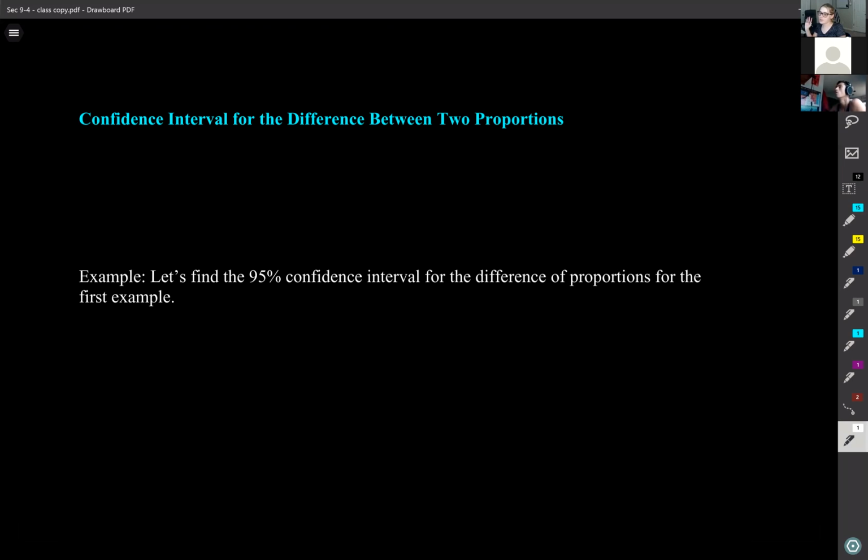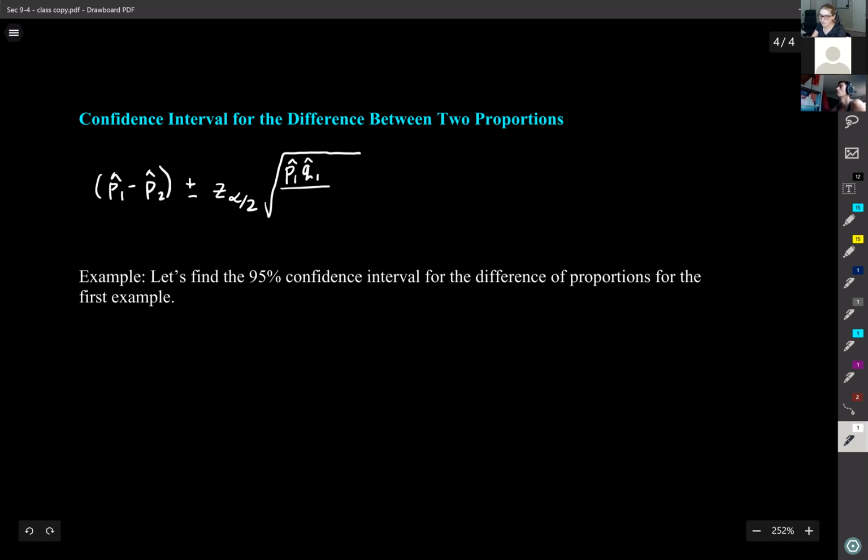It just seemed like a lot. But anyways, the formula is P1 hat minus P2 hat plus or minus Z sub alpha over 2 times the square root of P1 hat Q1 hat over N1 plus P2 hat Q2 hat over N2.